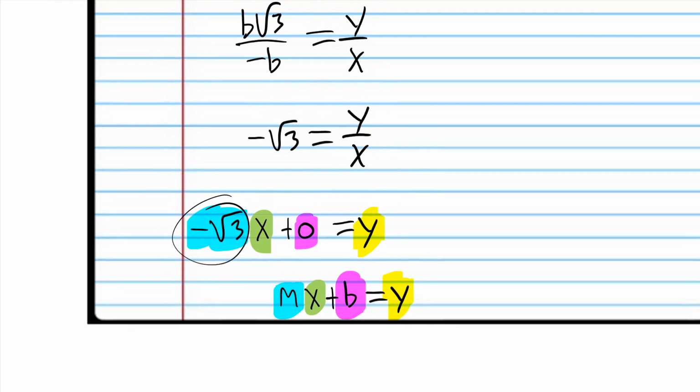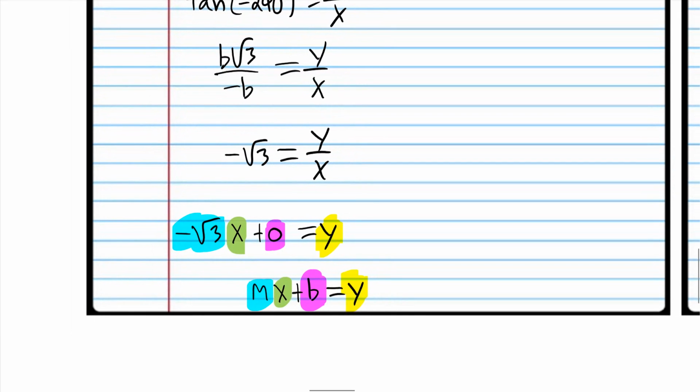The slope is negative root 3, and I know that root 3 is kind of a difficult number to work with, so you can enter root 3 in your calculator, and we get 1.73 approximately for the slope, 1.73. So I'm going to go up here and write negative 1.732 times x is equal to y.